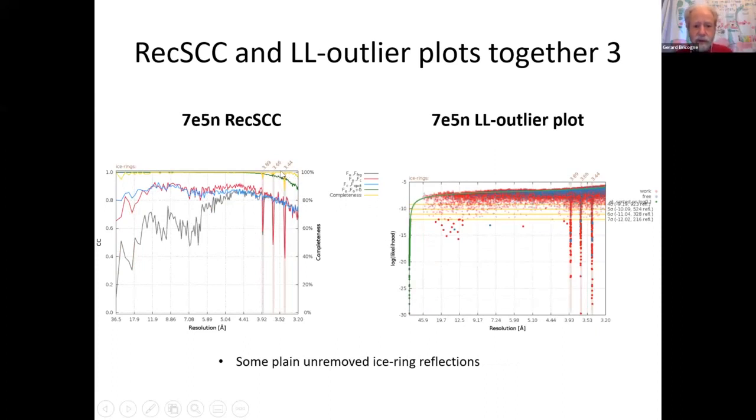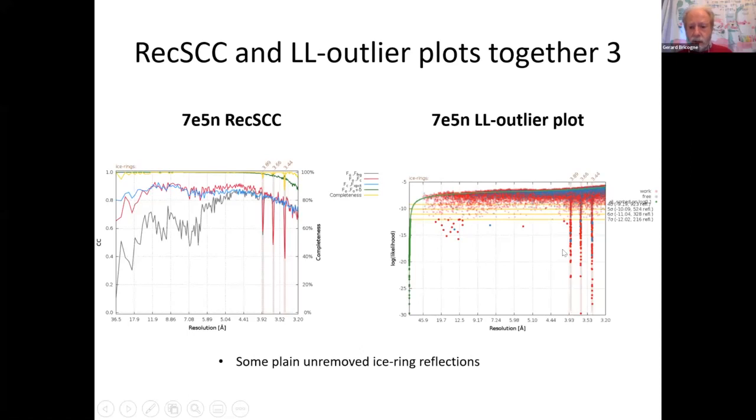They were removed a little bit since the completeness dips, but here the loss of correlation says there's still a lot of problematic data there. And indeed, they show up as low log likelihood measurements. The difference between this plot and the log likelihood outlier plot is that this compares observations and predictions in resolution bins.